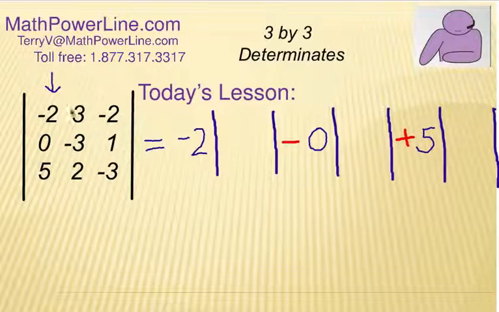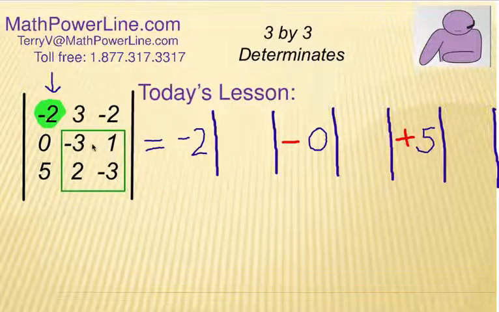Now, in this first group, notice how I use the -2. If I focus on the -2, do you notice how I have been taking care of the first row and the first column? So what I do is determine the determinant of the rest of these numbers.